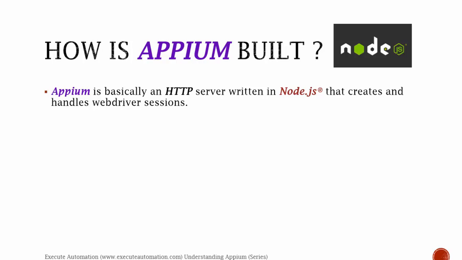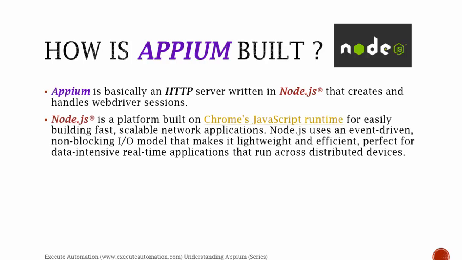Well, Appium is basically an HTTP server written in Node.js that creates and handles WebDriver sessions. Well, Node.js is a very famous programming language right now, developed by one of the guys from Google. And Node.js is a platform built on Chrome's JavaScript runtime for easily building fast, scalable network applications.